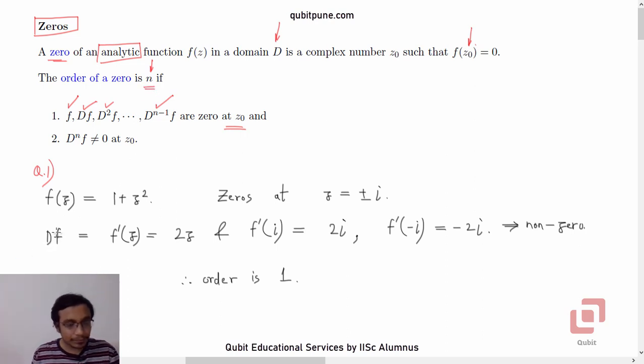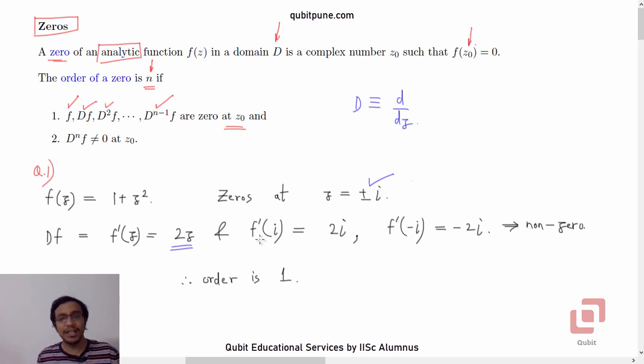Example, question 1. Suppose we have the function f of z as 1 plus z squared. Clearly this has zeros at two different points, plus or minus i. Let's now calculate the derivative. Here d is equivalent to d by dz, where z is the complex variable. So the derivative will be 0 plus 2z.